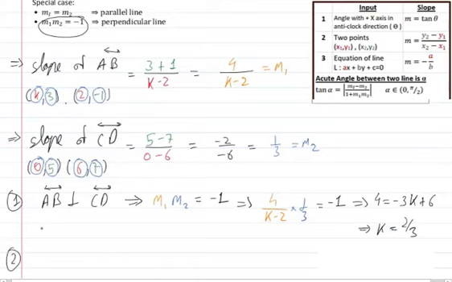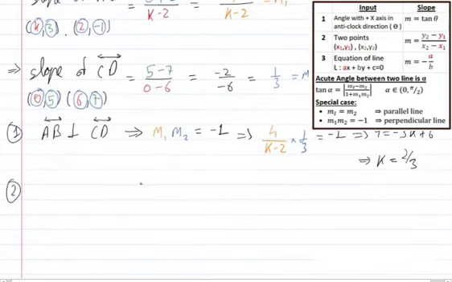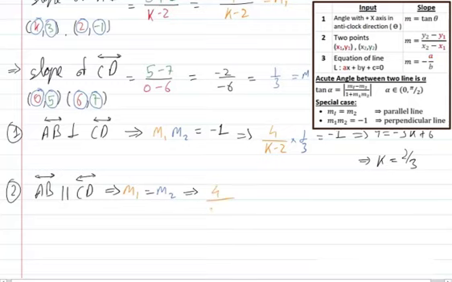Now we should go for the second case, in which AB is parallel to CD. That means M1 is equal to M2. So let's place their values. 4 upon k minus 2 is equal to 1 by 3, or we can say 12 is equal to k minus 2.